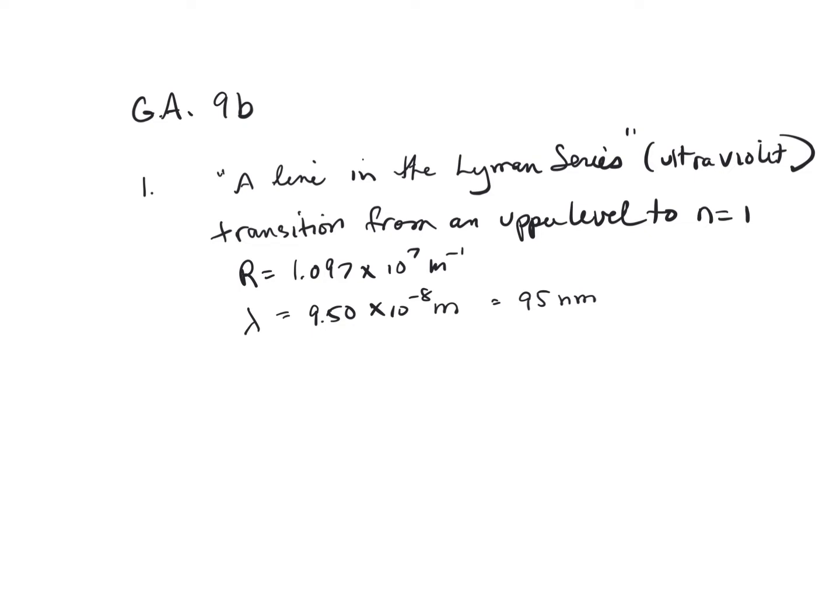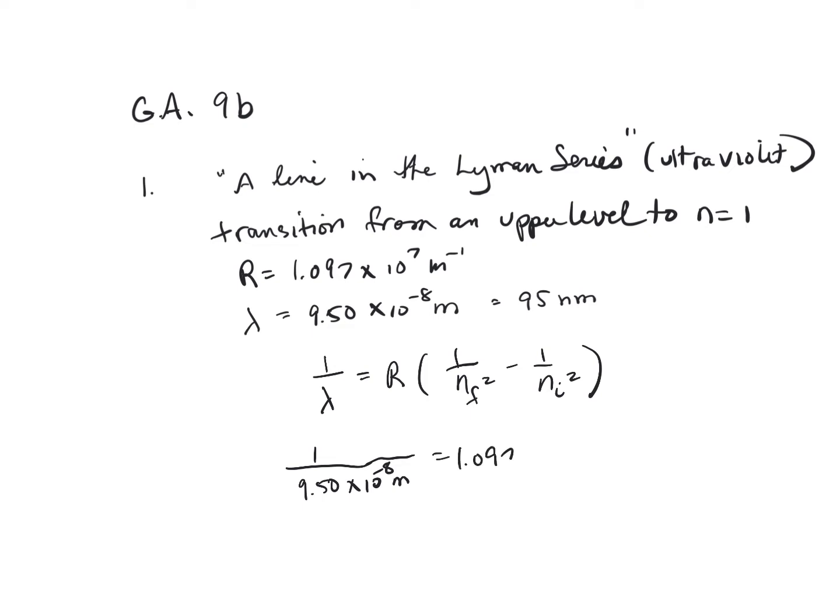All right. So then you're going to use the Rydberg equation. This is not given. 1 divided by lambda is equal to R times (1 over n final squared minus 1 over n initial squared). So you want to put in everything you have here. 1 divided by lambda, the wavelength, which you want to have in meters, 9.50 times 10 to the minus 8 meters. That'll be equal to 1.097 times 10 to the 7 meters to the minus 1.